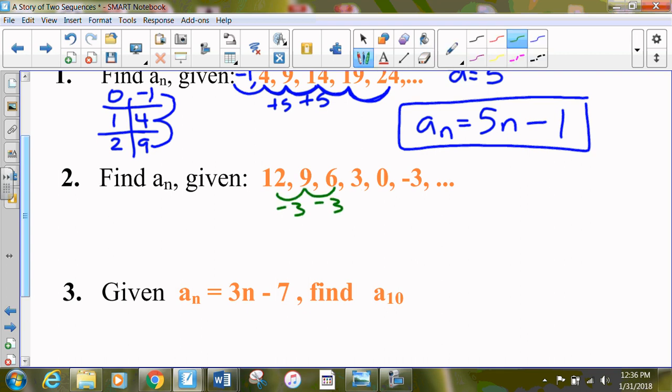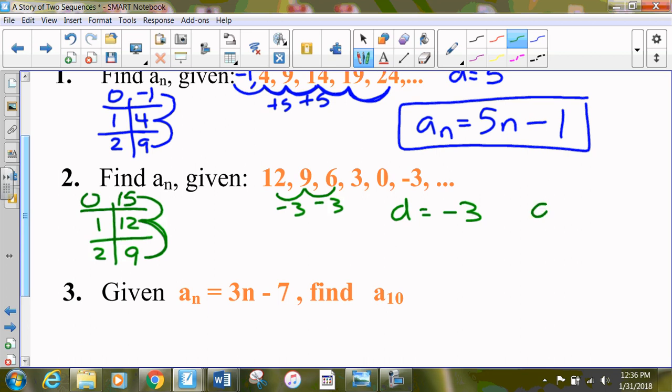So we know our common difference is negative 3, just like our slope would be negative 3 if we wanted to write it in y equals mx plus b form. We could turn to the table and say my first term is 12, my second term is 9. When I move down the table, I'm subtracting 3, but when I move up the table, I'm adding 3. So my 0th term is 15.